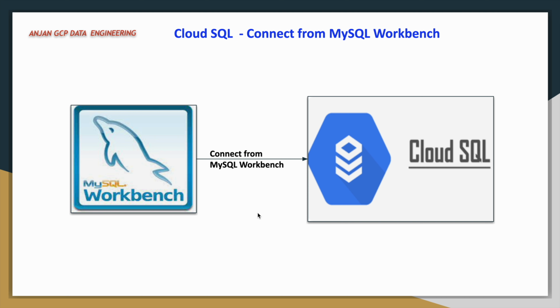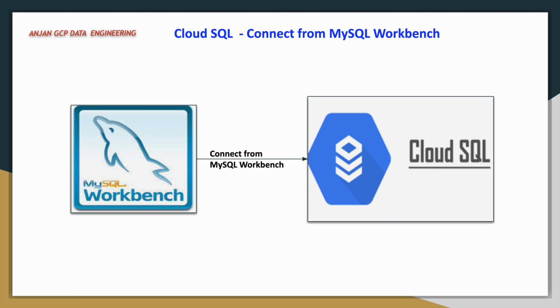We will see what different problems we may face during the connection setup, how to test that connection, and if something goes wrong, how to fix it, including whitelisting the IP address of a client machine.